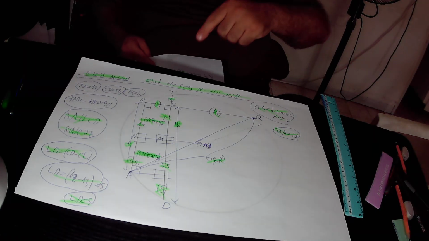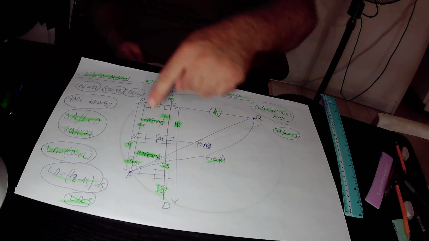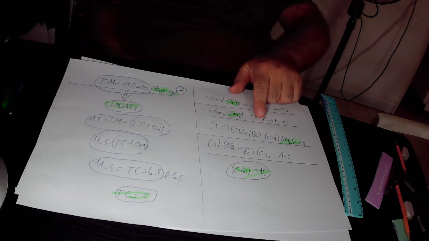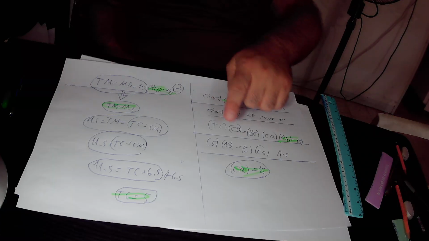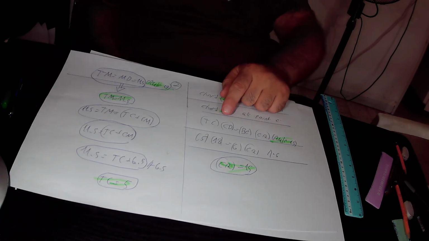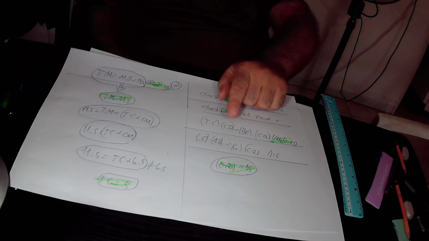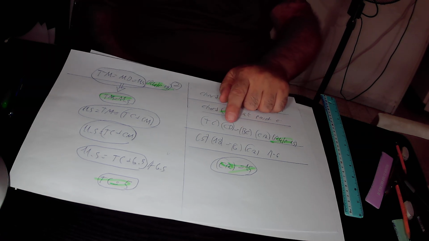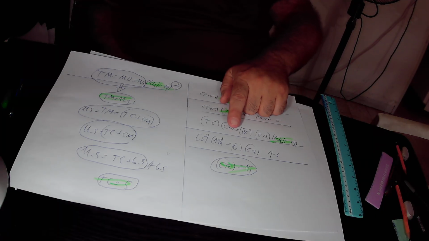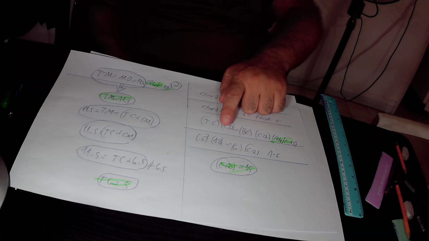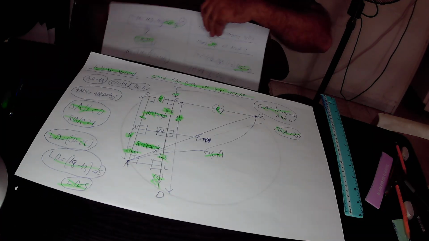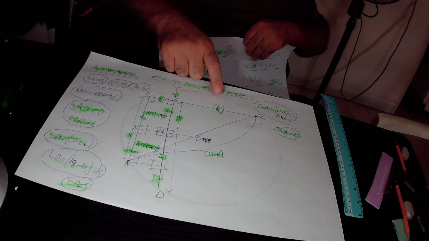According to rule 15, the following equation is true: TC times CD equals BC times CQ. TC is 5, CD is 18, BC is 6, CQ is unknown. So in total, we found out that 5 times 18 equals 6 CQ. Here we divided this equation by 6 and finally found out that CQ equals 90 over 6, which is 15. So this side CQ is equal to 15 units in its length.